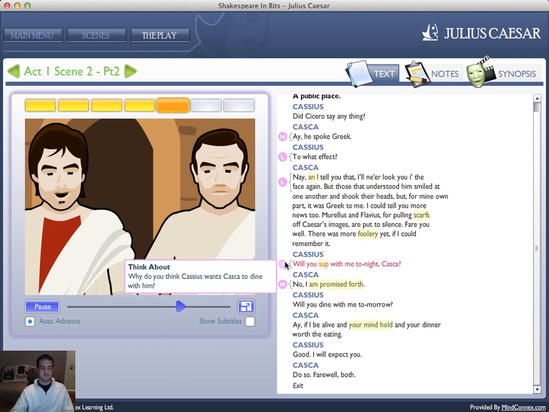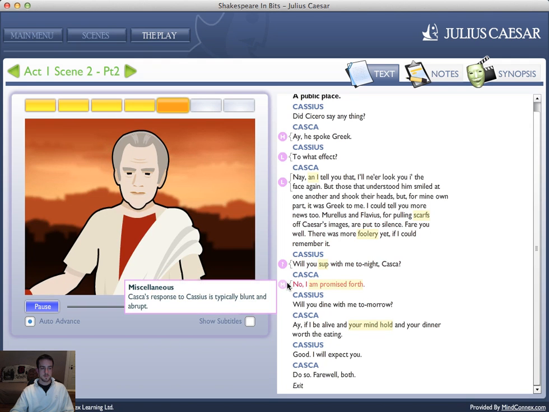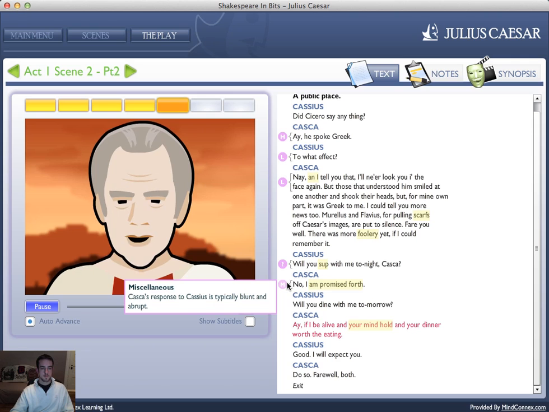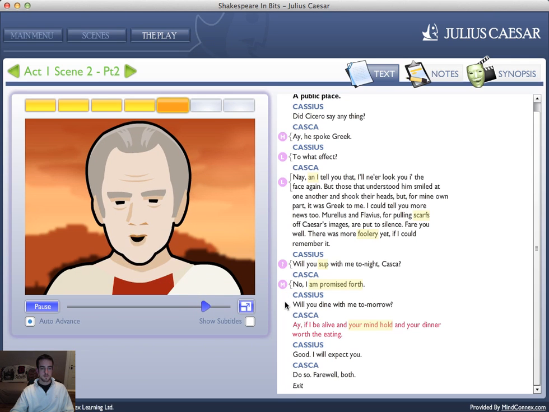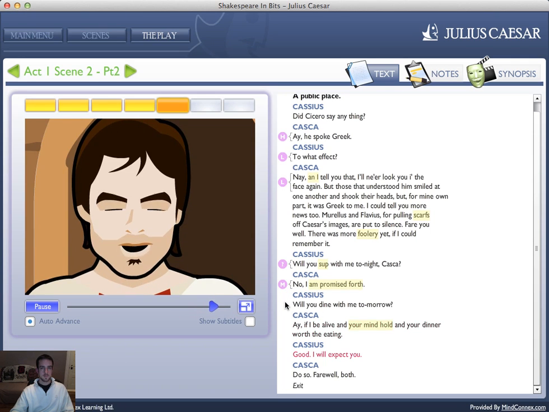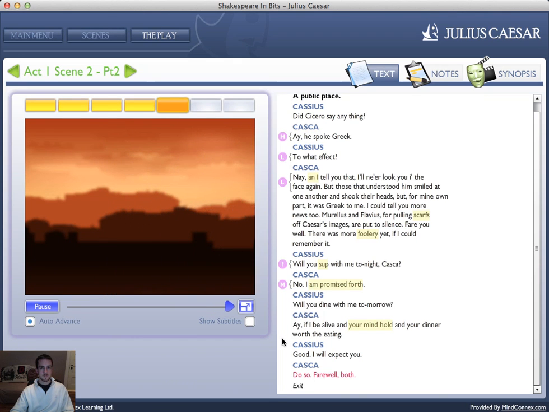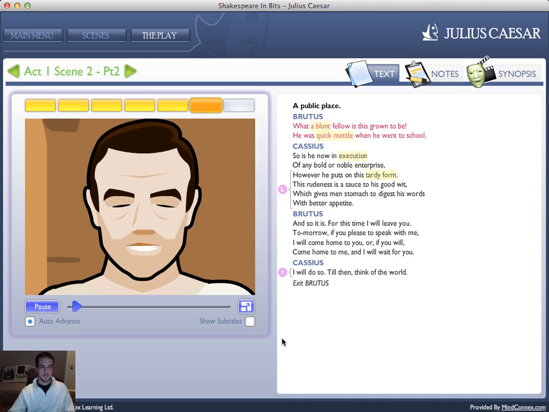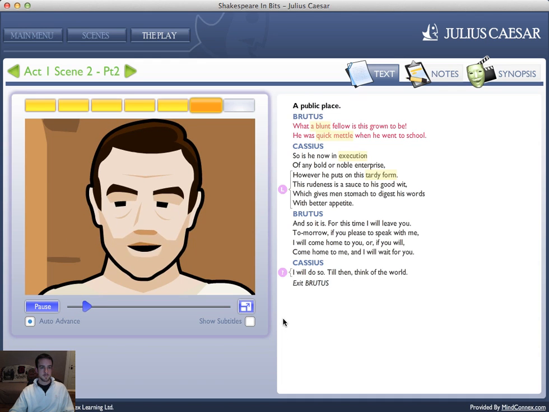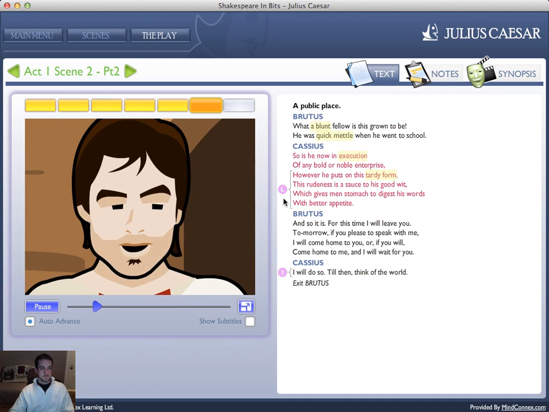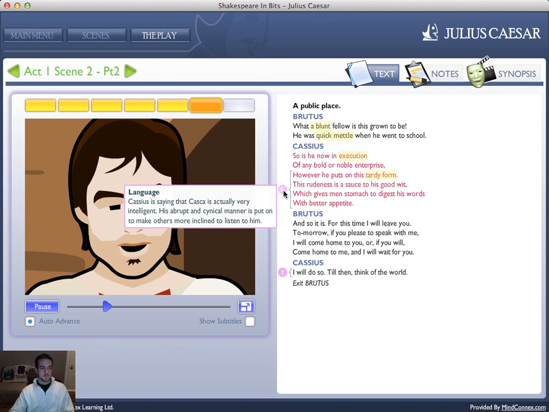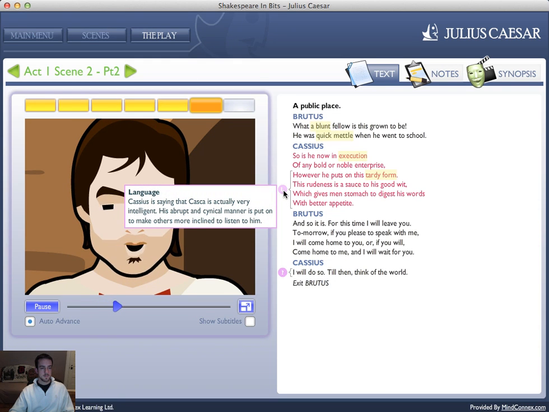Will you sup with me tonight, Casca? No, I'm promised forth. Will you dine with me tomorrow? Aye, if I be alive and your mind hold and your dinner worth the eating. Good, I will expect you. Do so. Farewell both. What a blunt fellow is this grown to be. He was quick metal when he went to school. So is he now in execution of any bold or noble enterprise, however he puts on this tardy form.